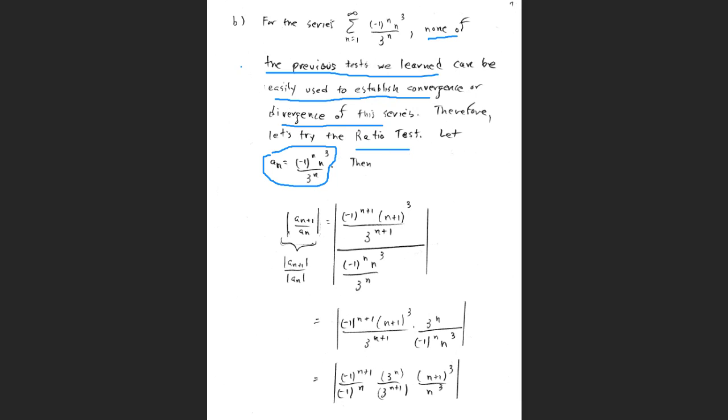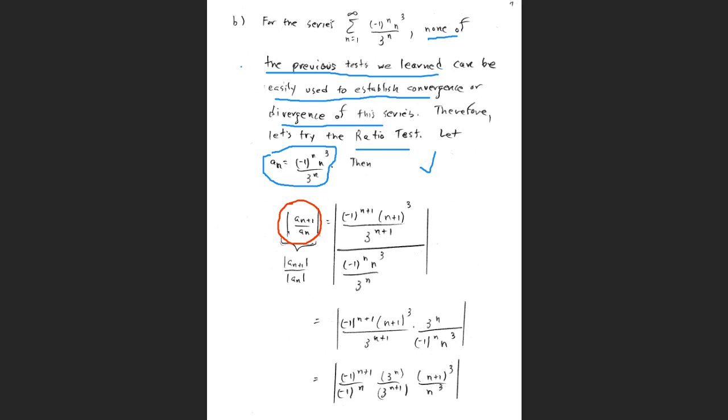Okay, so let me give you a moment to get caught up to here. Okay, so first of all, we look at the ratio of the n plus first term to the nth term, the absolute value, of course.